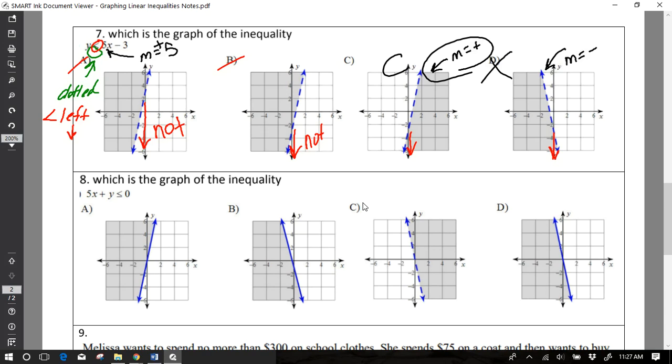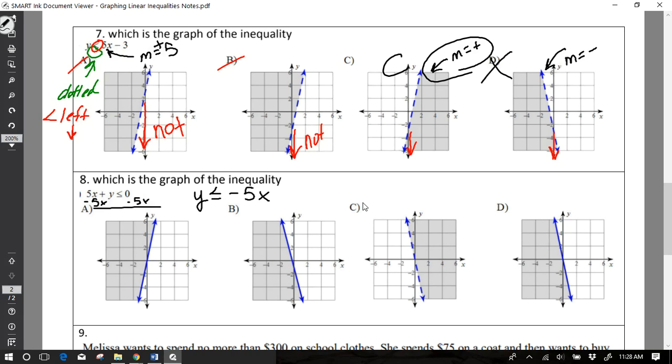Very good. Let's try number 8. Okay, for number 8, before I can determine how to graph this line, I am going to need to put this into slope-intercept form. So let's subtract 5x from both sides. And what I have now is y is less than or equal to negative 5x.